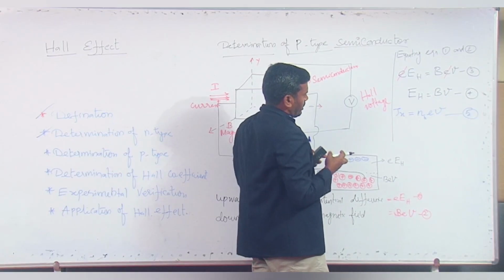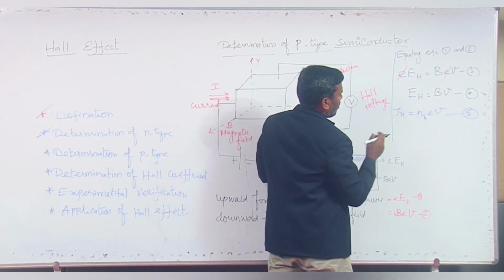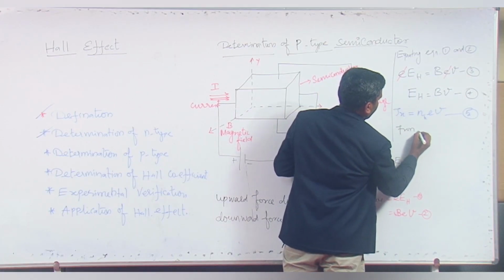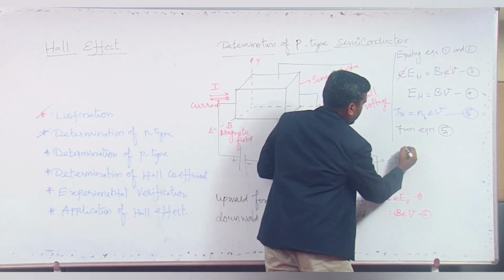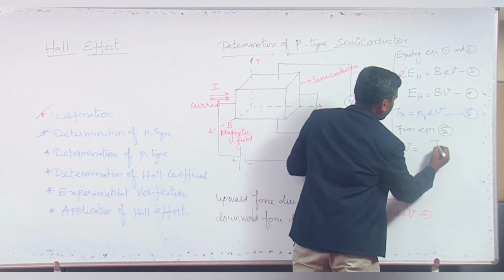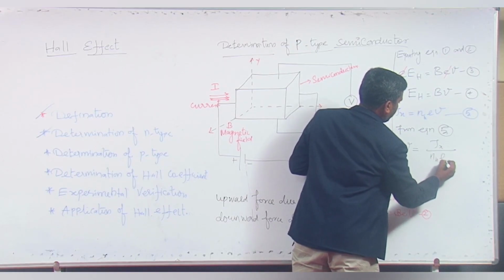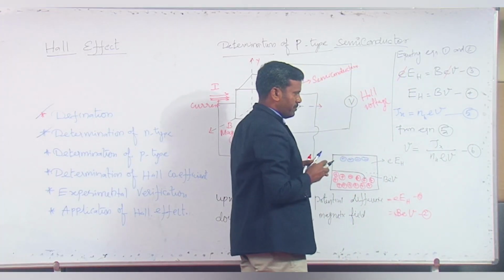Now from equation 5 you can write the velocity v is equal to Jx by NhE. This is equation number 6.